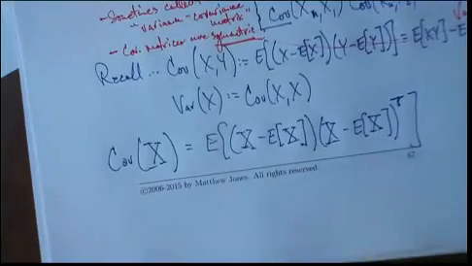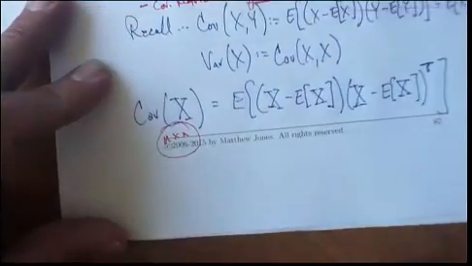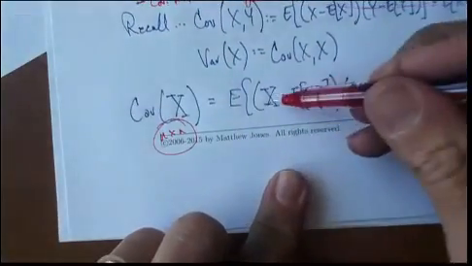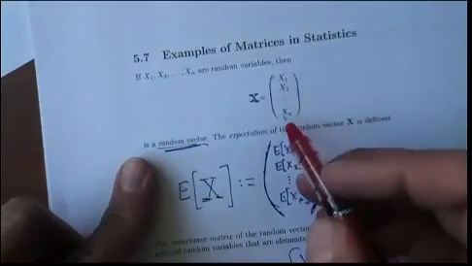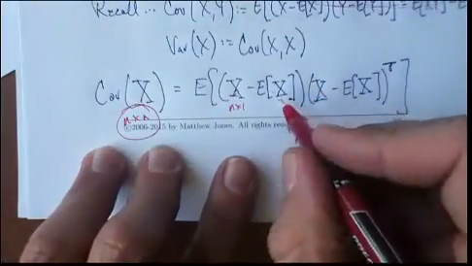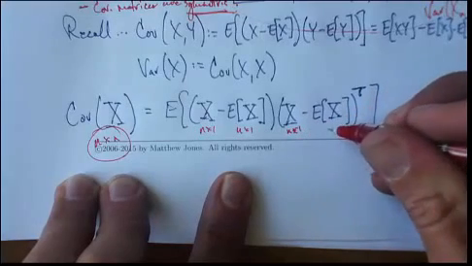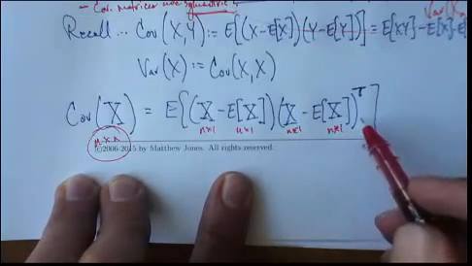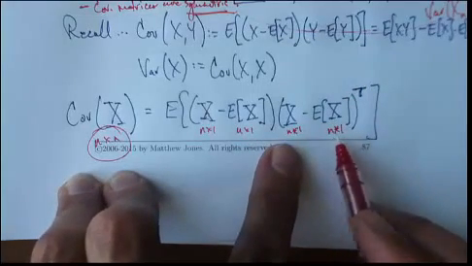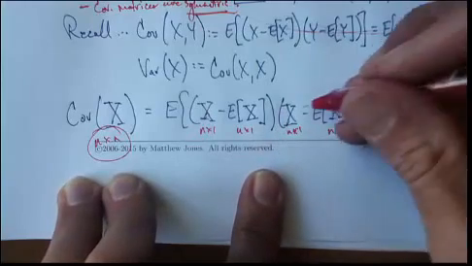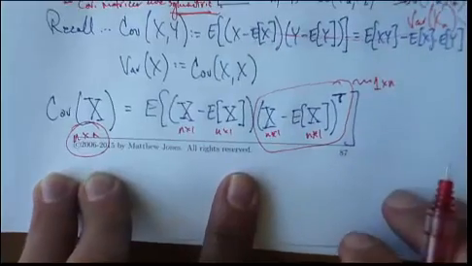Now take a look at what you have here. This covariance matrix needs to be n by n, right? Now this is a column vector. This x vector is n by 1, like this guy up here. N rows, 1 column. This will also be n by 1. If I subtract this from this, I get an n by 1 sitting in here. If I take the transpose of all of this, it's going to be 1 by n.